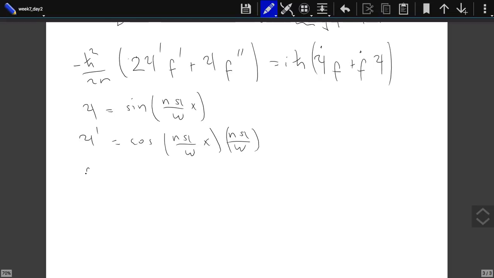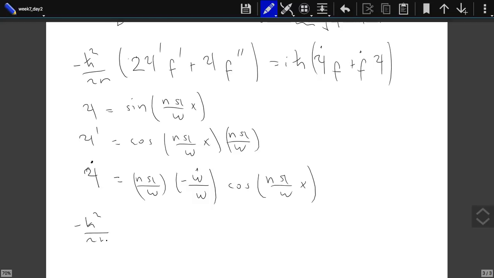And psi dot is equal to n pi over omega times minus omega dot over omega times cosine n pi over omega x. Do you agree? Let's put it all up. So we have minus h bar squared over 2m. Yes, there is an n pi x.